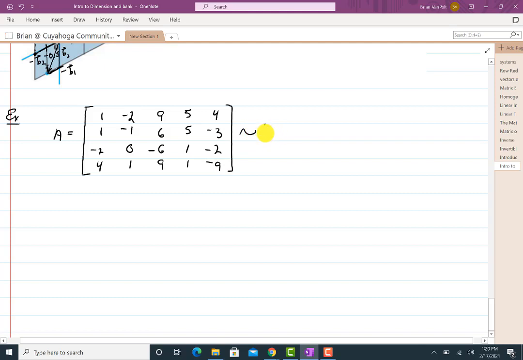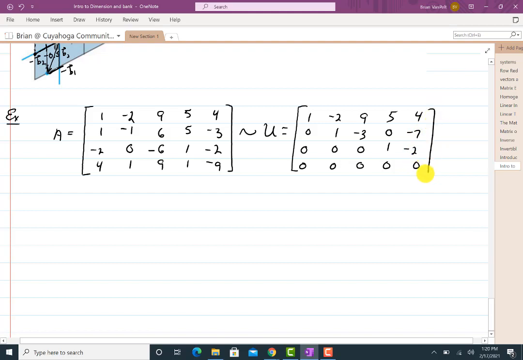And suppose that A is row reducible to this following U. I have 1, 0, 0, 0; negative 2, 1, 0, 0; 9, negative 3, 0, 0; 5, 0, 1, 0; 4, negative 7, negative 2, 0.